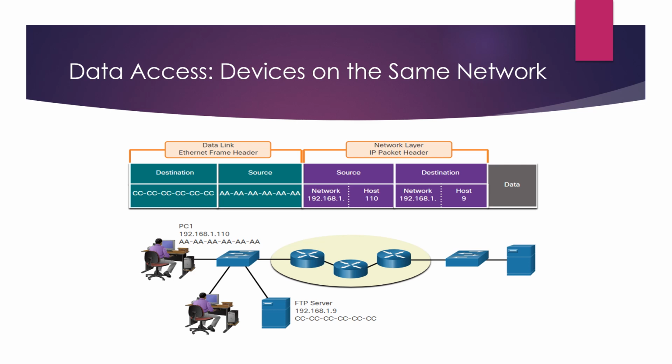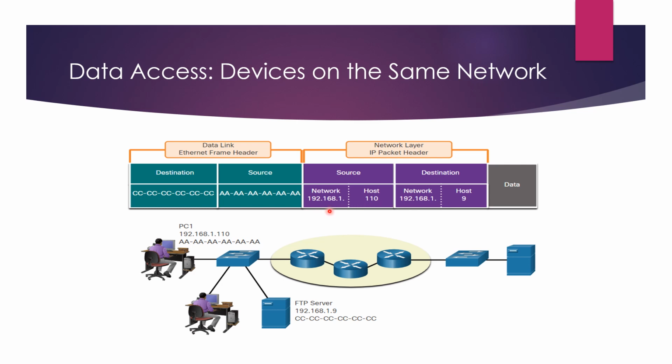So let's see this example, where PC1 is trying to communicate with an FTP server and they are on the same network. The packets sourced from PC1 for the destination FTP server will have the IP address of the source, 192.168.1.110, and the IP address of the destination, 192.168.1.9.